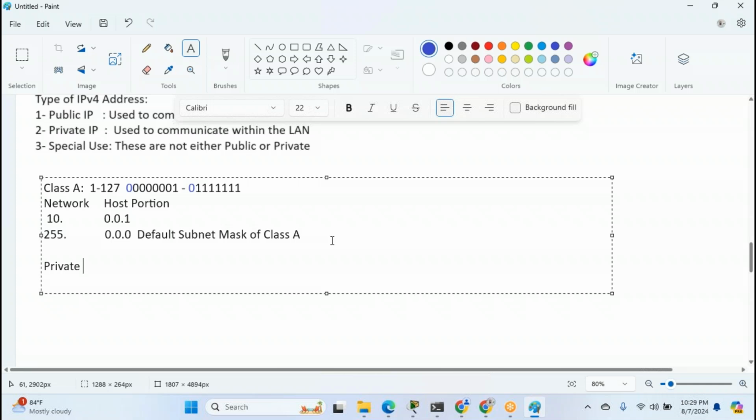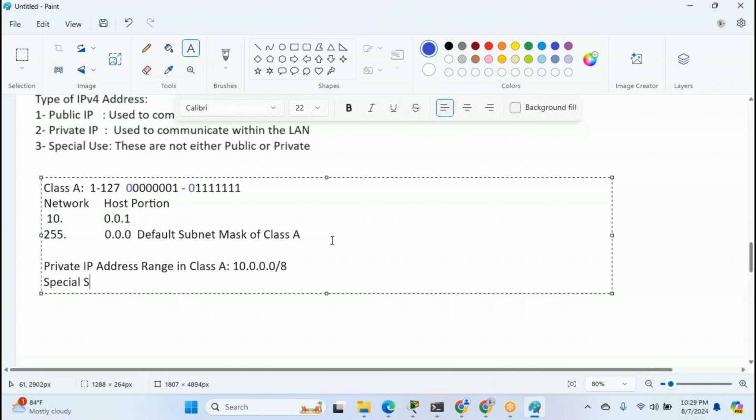Now the private IP address range in class A. All the addresses starting with 10 are private IP addresses. So 10.0.0.0/8, this network is private.